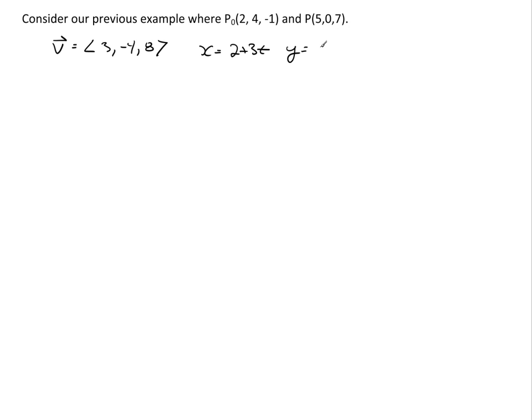Y is going to be 4 minus 4t, and z will be negative 1 plus 8t.